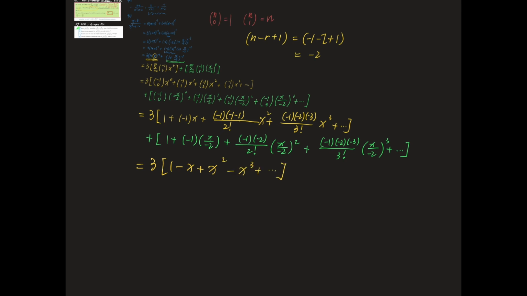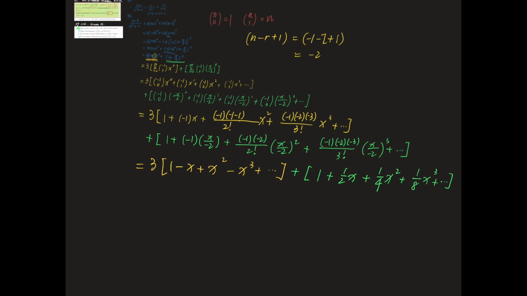And the green section, if you simplify it, it will just become 1, and then plus x on 2, so half times x, and then plus 1 on 4, x to the power 2, and then plus 1 on 8, x to the power 3, and so on and so forth.